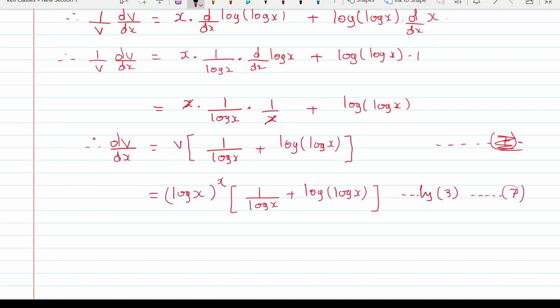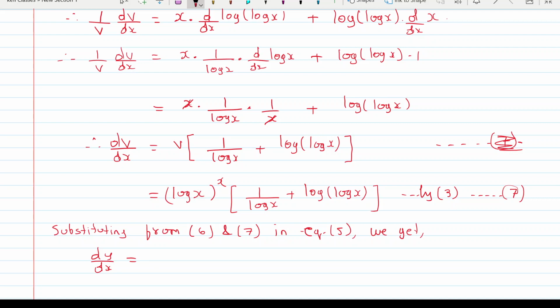Substituting from 6 and 7 in equation 5, we get dy by dx is equal to, now what is du by dx?